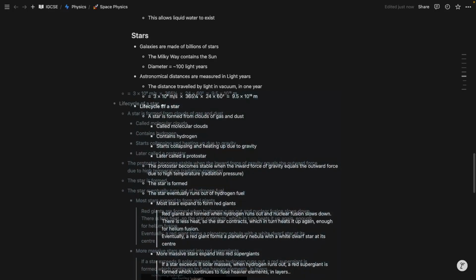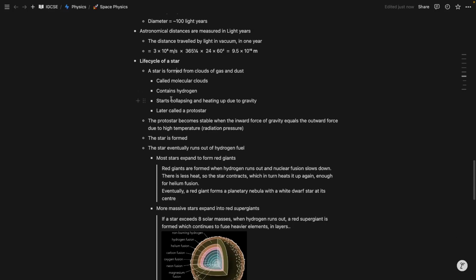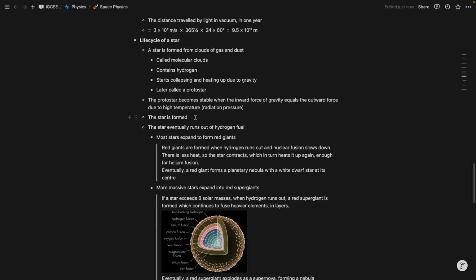The life cycle of a star is as follows. So there is a nebula, which is a cloud of gas and dust, which compresses into a star. And nebulae are molecular clouds. They contain hydrogen, and as they collapse and heat up due to gravity, they are later called a protostar.